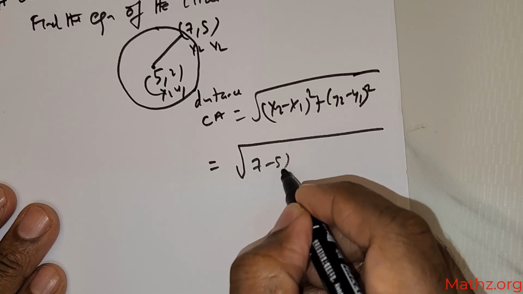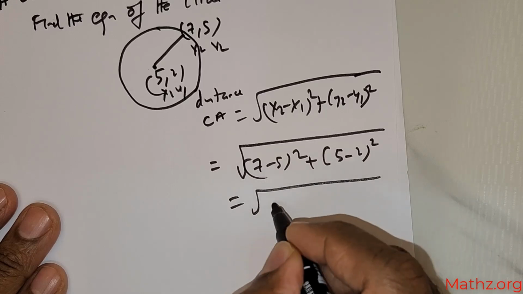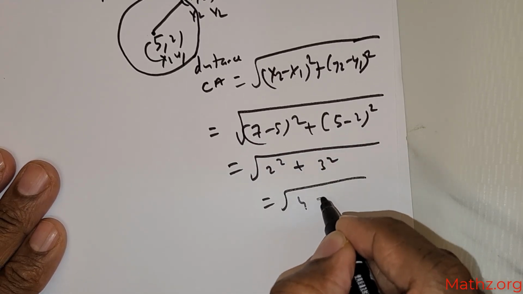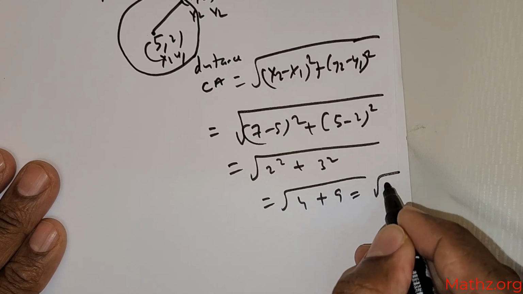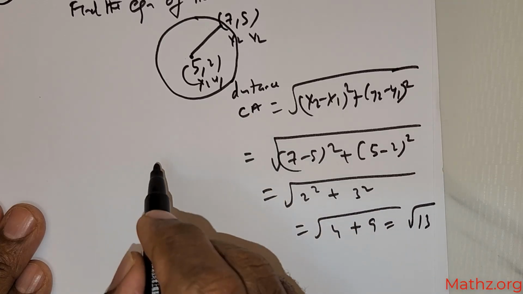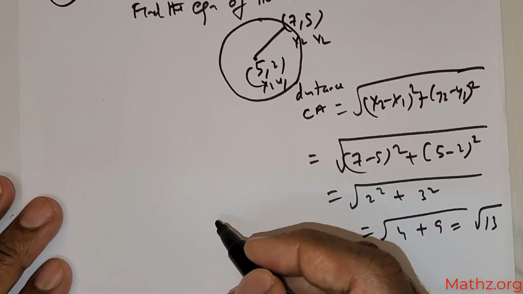So 7 minus 5 the whole squared plus 5 minus 2 the whole squared. This is 2 squared, this is 3 squared. 2 squared is 4, 3 squared is 9, which will give us root of 13. So this is the distance, right? And this distance is going to be my radius.